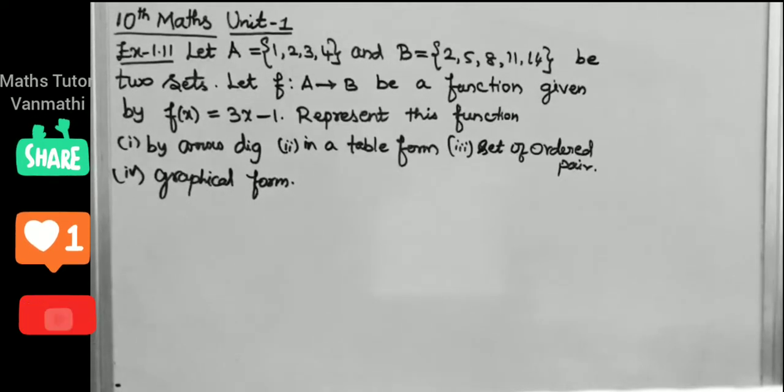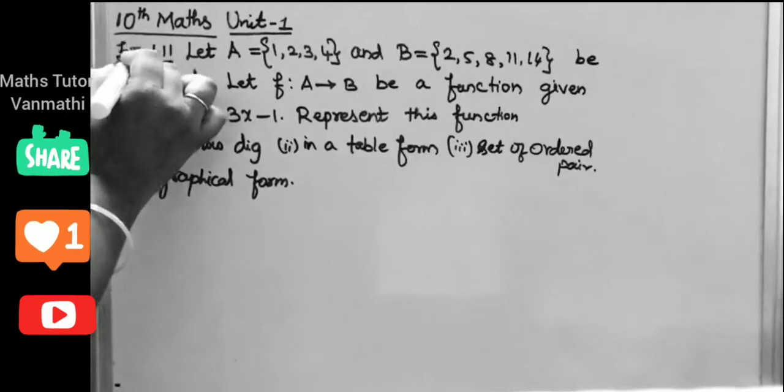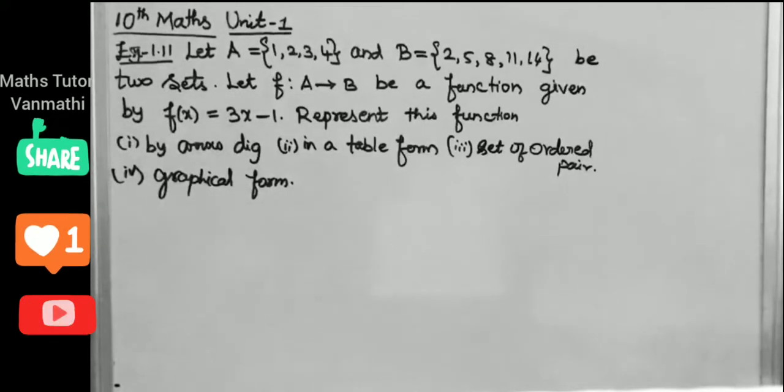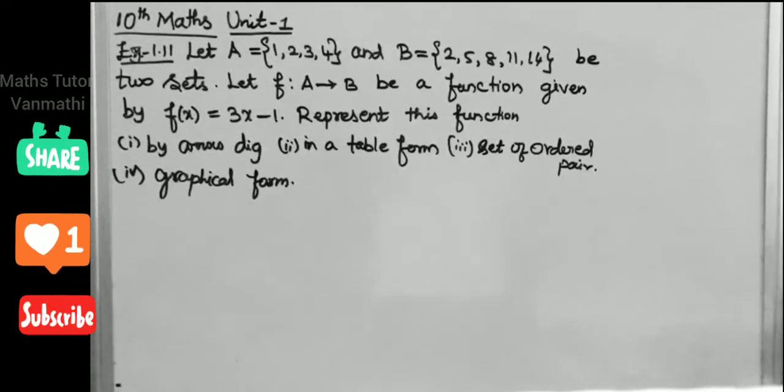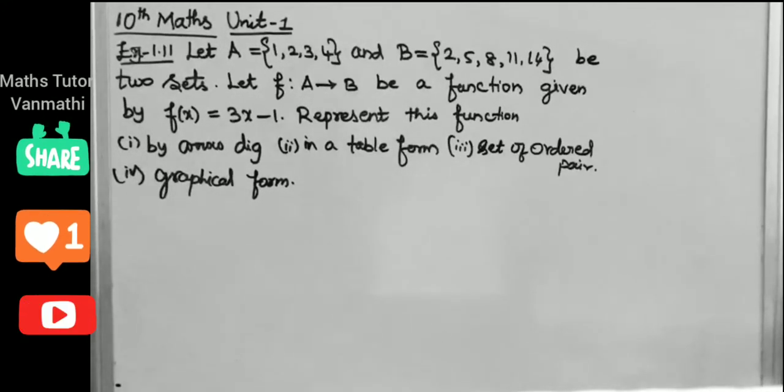Example 1.11. Let A equal {1, 2, 3, 4} and B equal {2, 5, 8, 11, 14} be two sets. Let f from A to B be a function given by f of x equal to 3x minus 1.